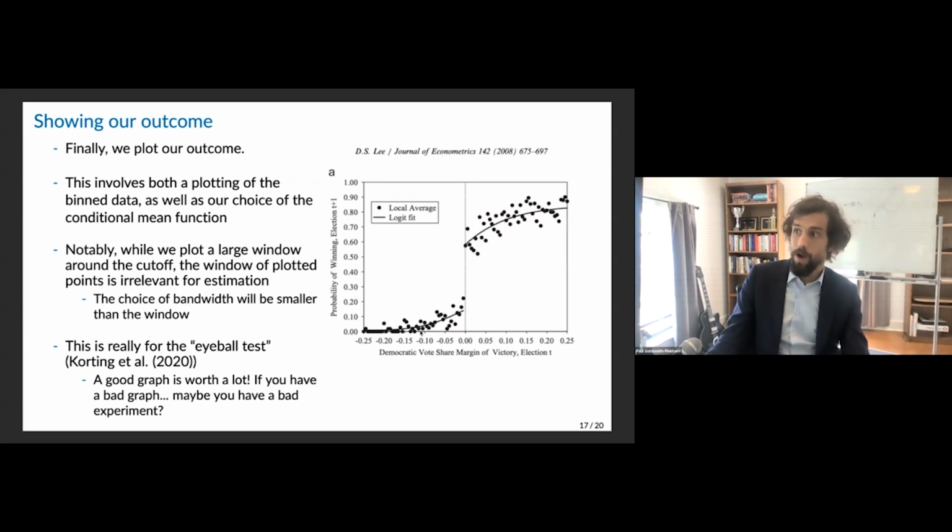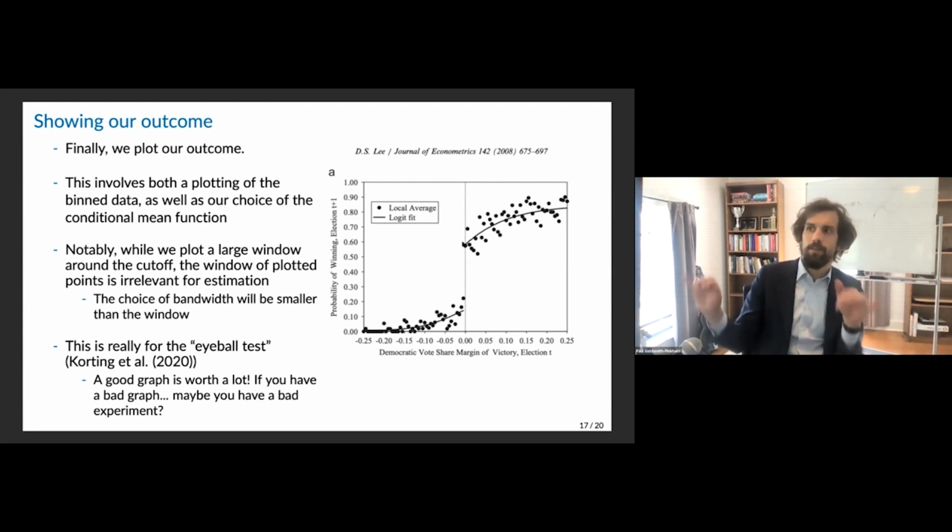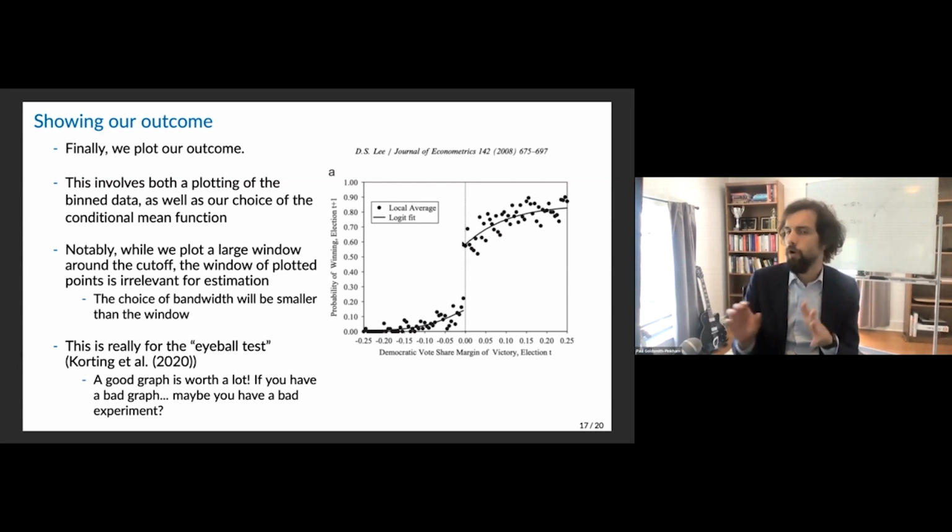So the window of the graph that he shows is from minus 0.25 to plus 0.25. But once we do local linear regression, the bandwidth that we're going to choose is going to be much smaller than that window. So I'll show you in just a second what it looks like for ours. But there's two pieces that are always really easy to forget, especially when you're doing local linear regression.